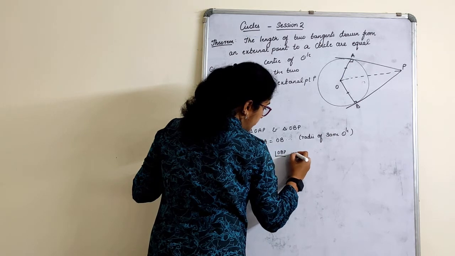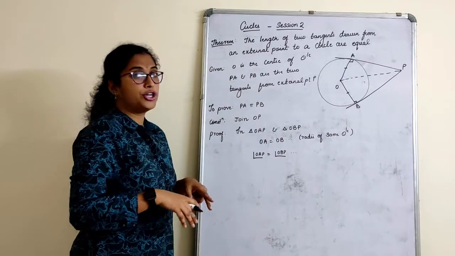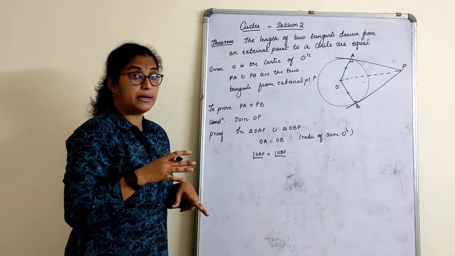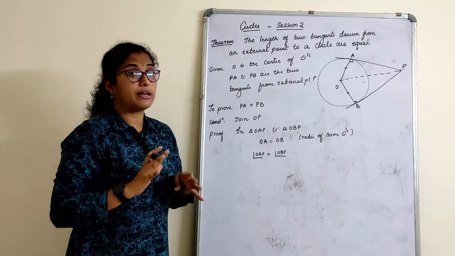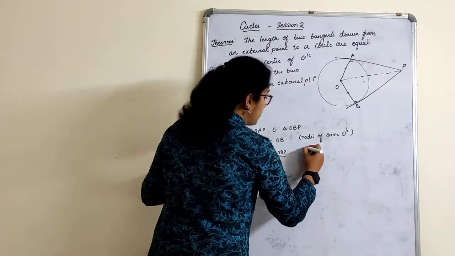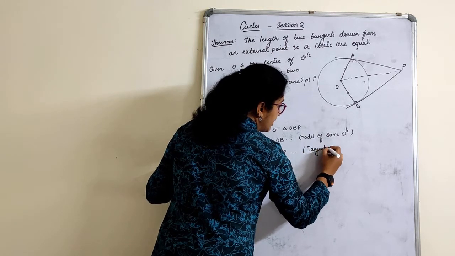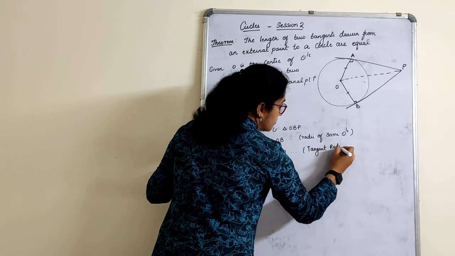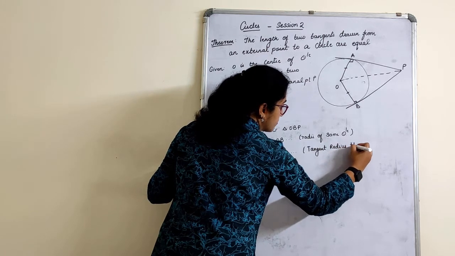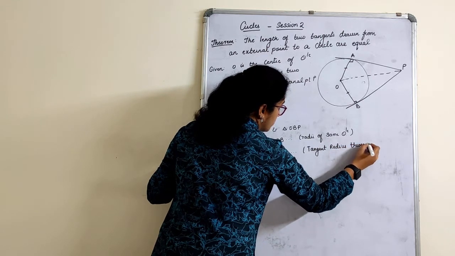What was the reason we had written? Tangent at a point of contact is perpendicular to the radius. Such a big statement you need not write, children. A shortcut you can simply write here is tangent radius theorem.